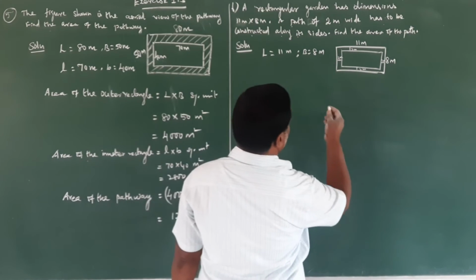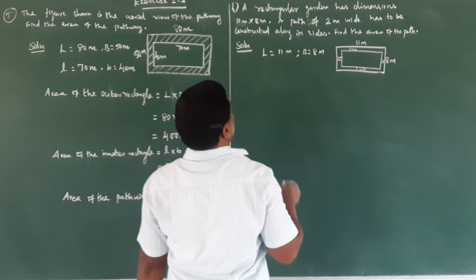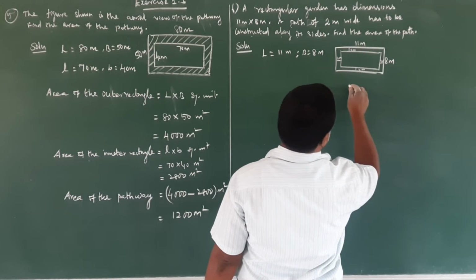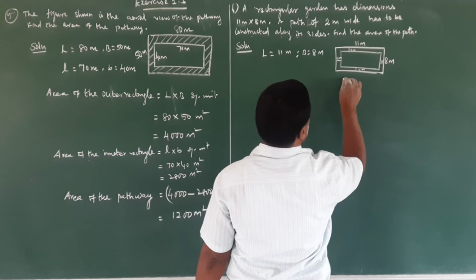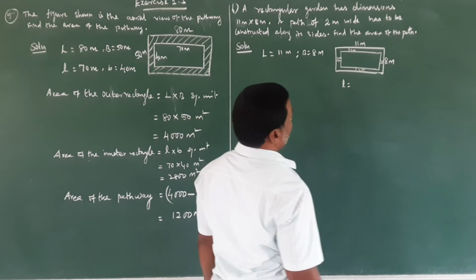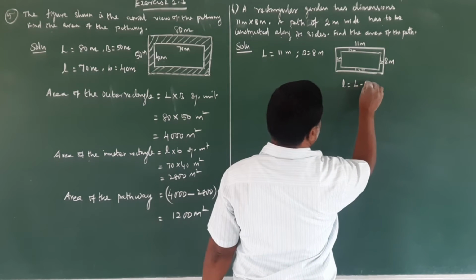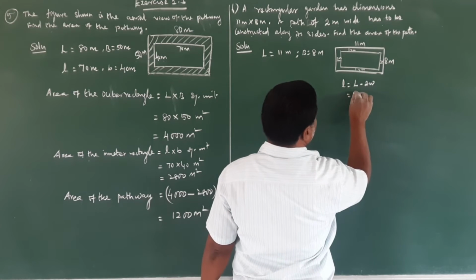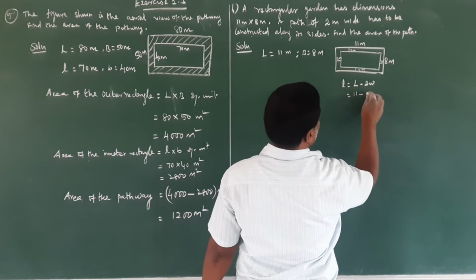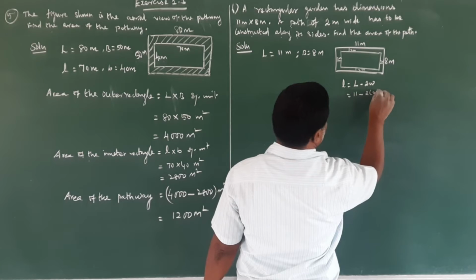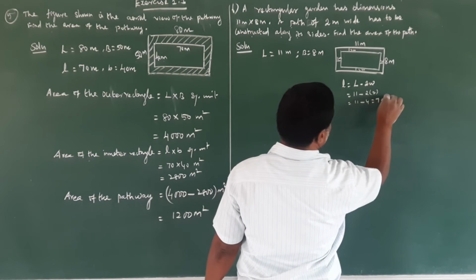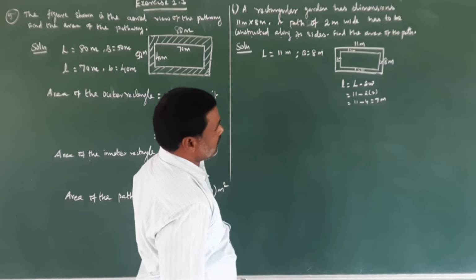Small l equal to capital L minus 2W. Now 11 minus 2 into 2, 11 minus 4, that is 7 meter. The small l equal to 7 meter.